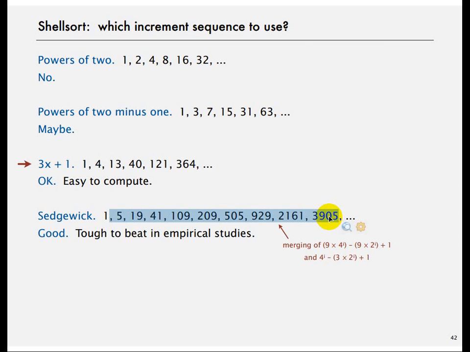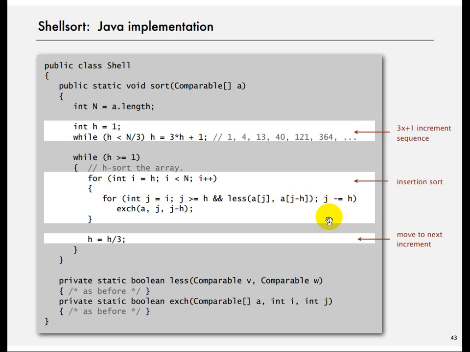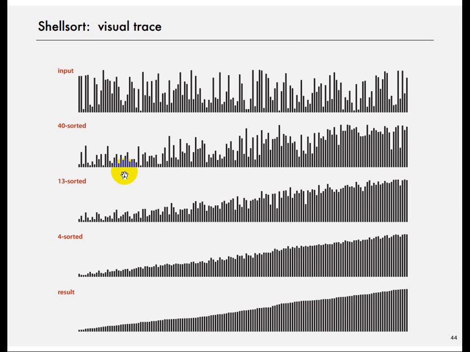As for the implementation, I am not going to get into that in detail. It basically says you start with some sequence and you constantly reduce H by 3. That's the basic idea, and H is the H sort that you're trying to do. Inside this you do an insertion sort, correct? So that's the basic idea.